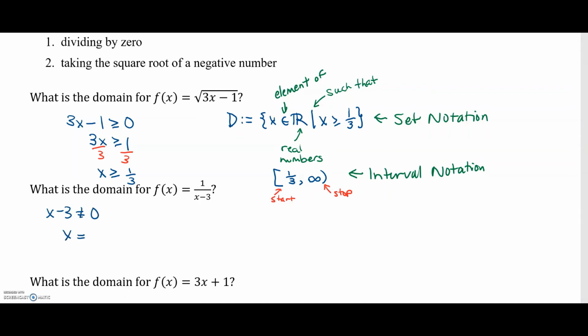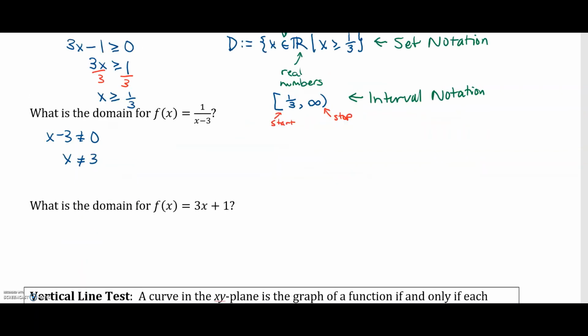If we solve for x, we find that x cannot equal positive 3. Now we can express the domain using set notation. So x belongs to the real numbers such that x cannot equal 3. Okay, so it's all real numbers except for x equal to positive 3.